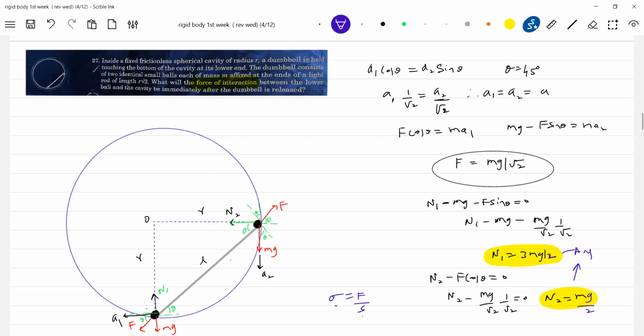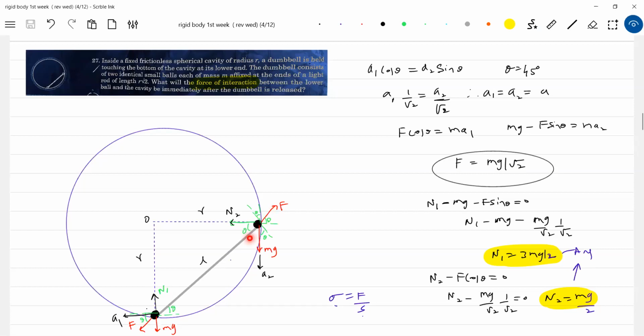Anybody? Elongation. No, it's a rod. It tends to elongate, but it is fixed. What is this F?